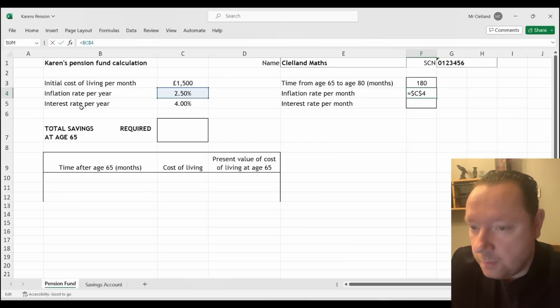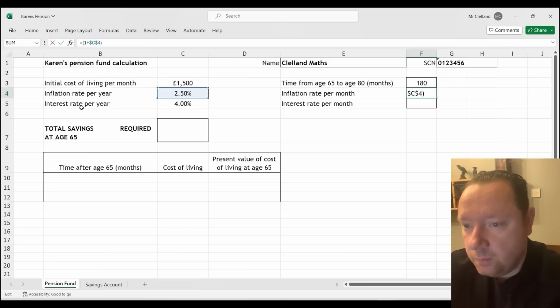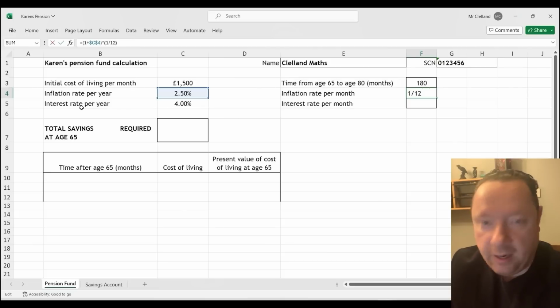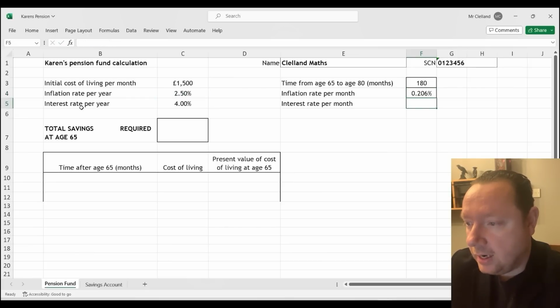So in brackets 1 plus $C$4, and we need a power. So per month, power 1 over 12. And then at the end, we need to take away the 1 again to get it back to a rate, so minus 1. And we get an answer of 0.206.